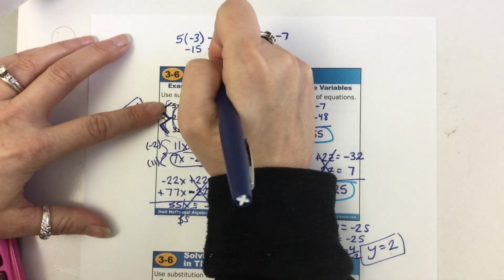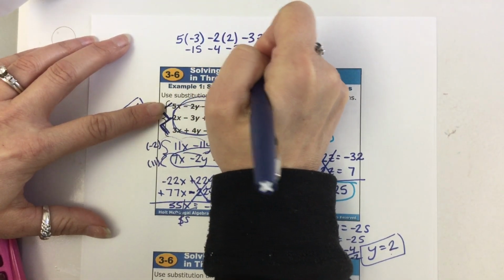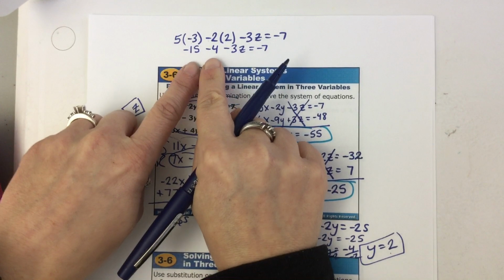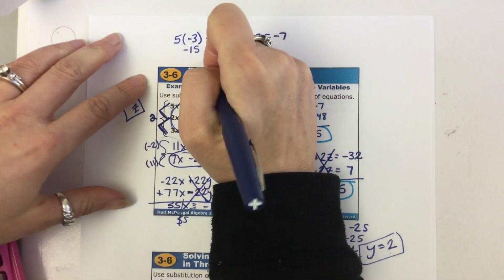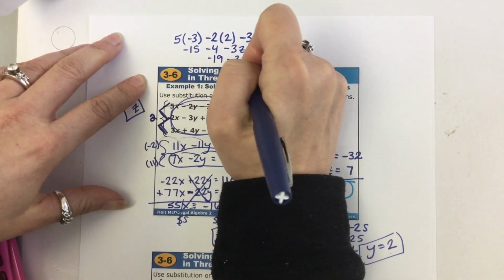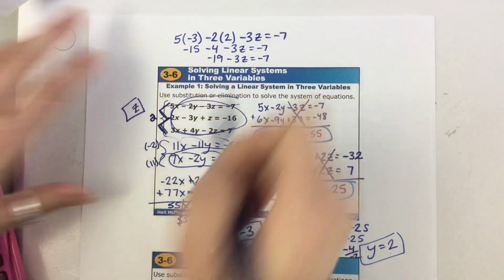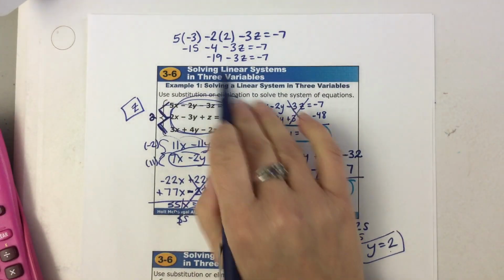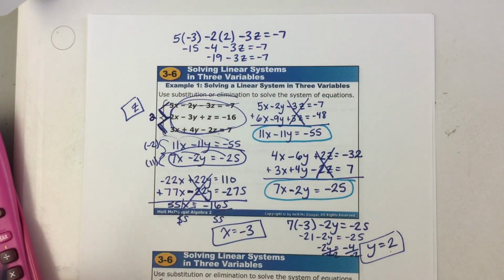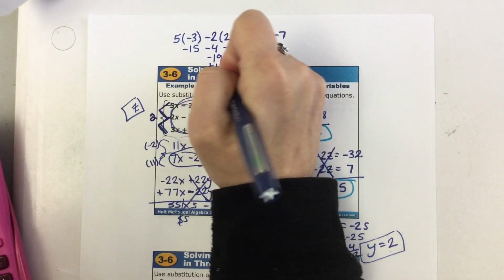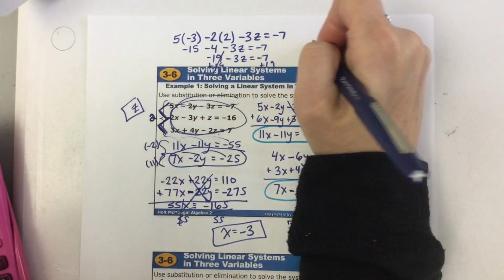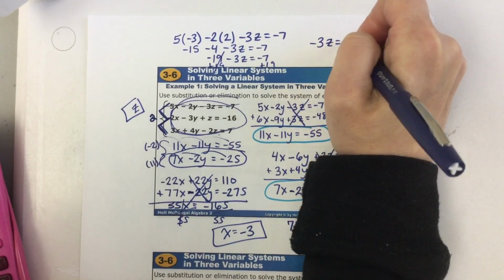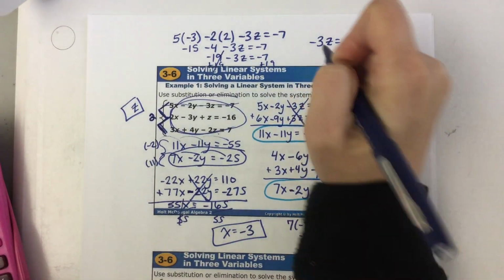Negative 2 times 2 is negative 4, minus 3z equals negative 7. Negative 15 and negative 4 is negative 19, minus 3z equals negative 7. If I add 19 to both sides, negative 7 plus 19 is 12, and negative 3z is left on this side.